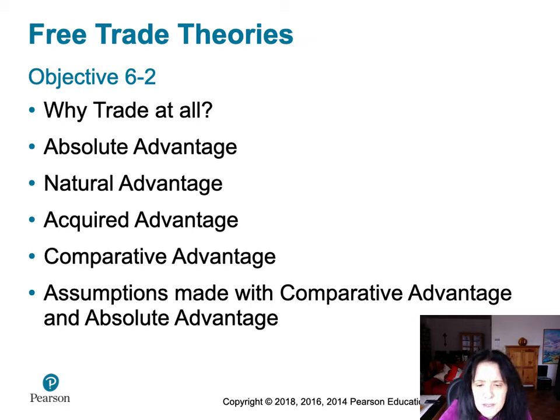So if we look at the comparative advantage by analogy, let's try to give an example. Think about this example, for instance. Would it make sense for the best physician in town, who also happens to be the most talented medical secretary, to handle all of the administrative duties of an office?